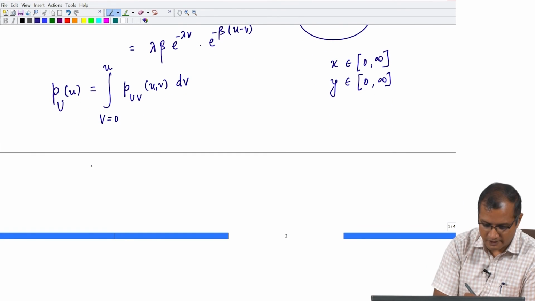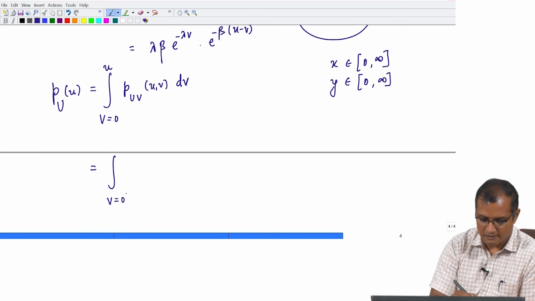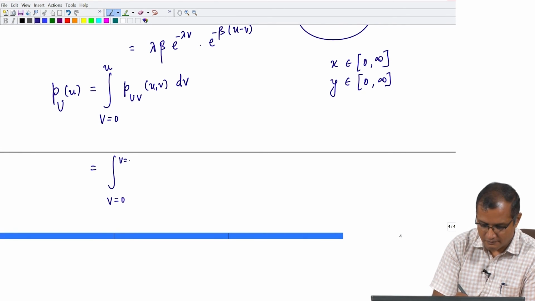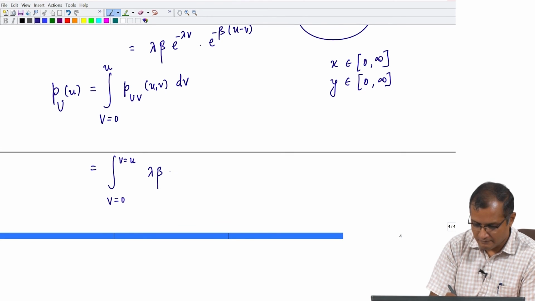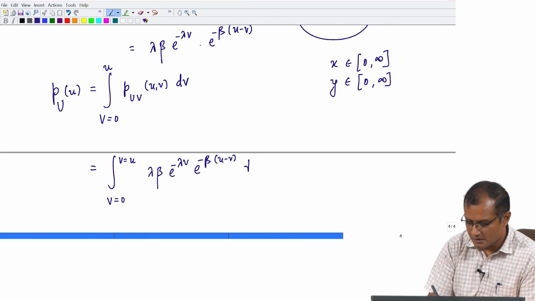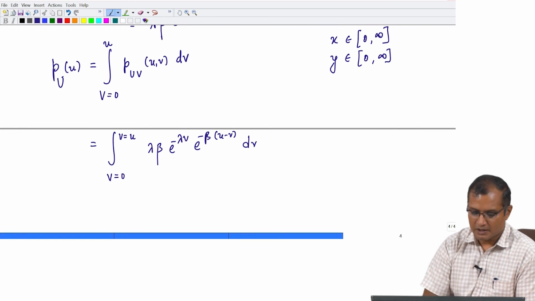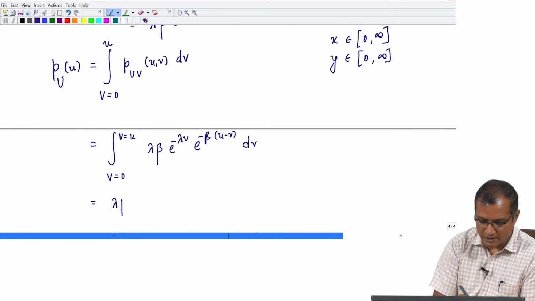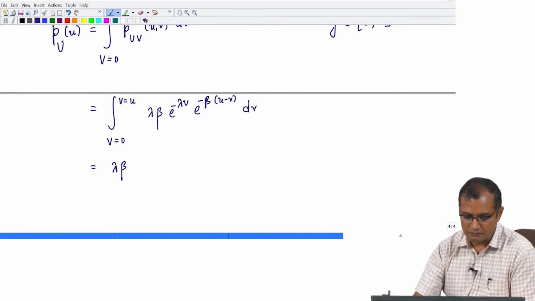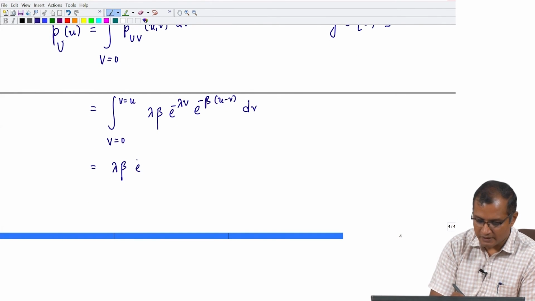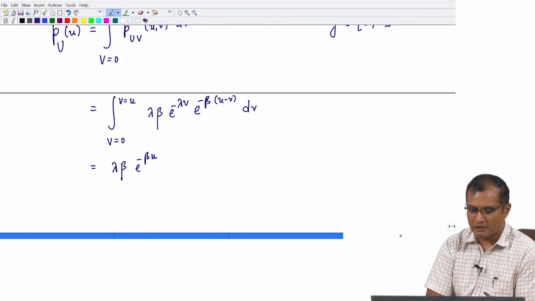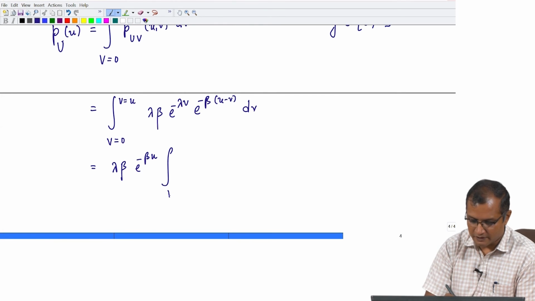So, then I can write it as the integral of lambda beta, e raised to minus lambda v, e raised to minus beta times (u minus v), dv. Okay. So, then you can see that I will immediately take lambda beta outside, and e raised to minus beta u will also come out of the integral, and I have v going from 0 to u of e raised to minus v times (lambda minus beta).